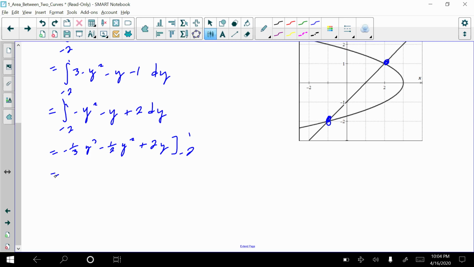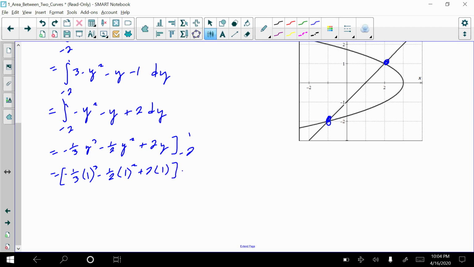And we continue from this point doing it the way that we have been doing it in the last several examples. Substitute the positive 1 first. So I'm going to get negative 1/3 times 1, 1 cubed is still just going to be 1, minus 1/2 times 1 squared plus 2 times 1.